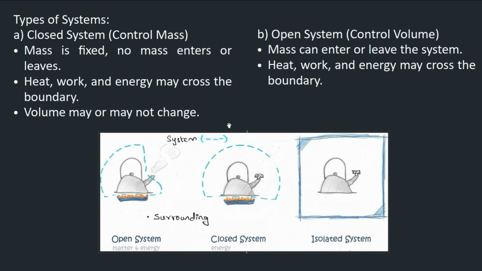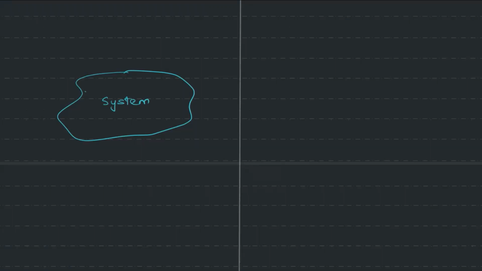So a practical example is, if you have a cup with hot water, you have steam, so we have material going out, and also heat will dissipate. In many forms, heat will also move.